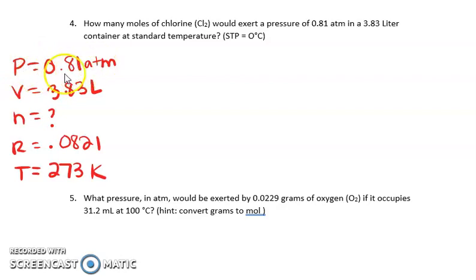So we're going to plug in our pressure, our volume. N is the number of moles we're looking for. We've got our R and we've got our standard temperature. So I'm going to plug that into my PV equals nRT equation.